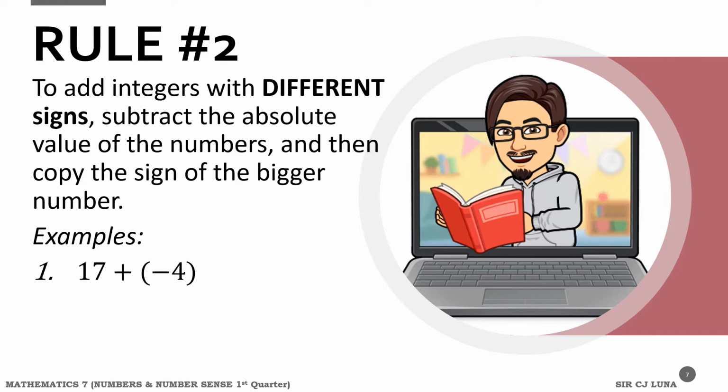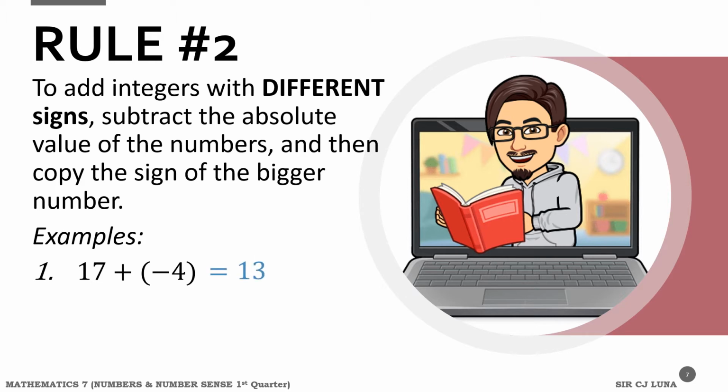17 plus negative 4. So, hindi sila pareho ng sign. So, gagawin mo dyan, you subtract 17 and 4. And that is 13. Okay? And then, tignan mo kung ano yung sign ng mas malaking number. Ano yung malaking number natin? 17. And 17 is positive.